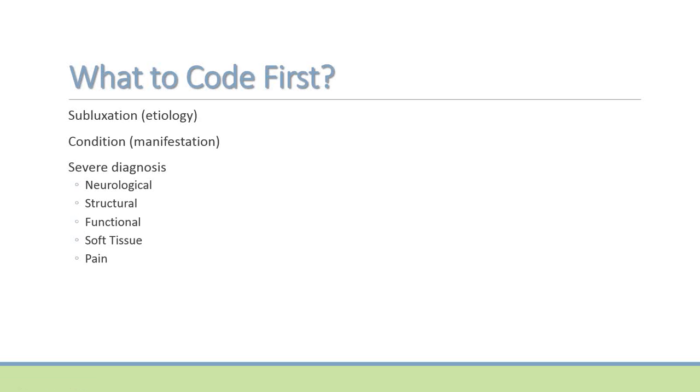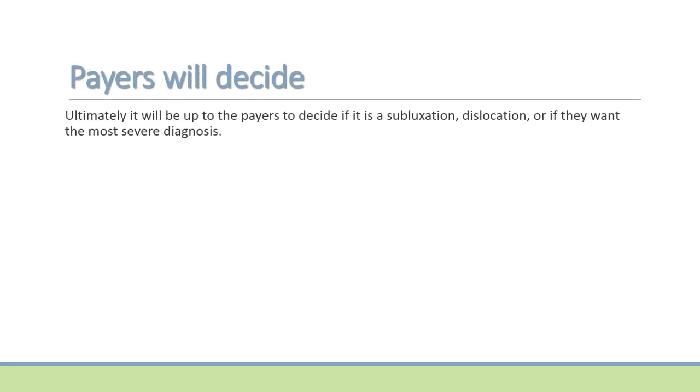You'll list the diagnosis. So I would recommend that you start doing that now with your ICD-9 codes. We don't know, again, regarding subluxation or dislocation. The payers will decide if subluxation or dislocation or if they want the most severe diagnosis. So we're kind of in wait and see how that pans out.